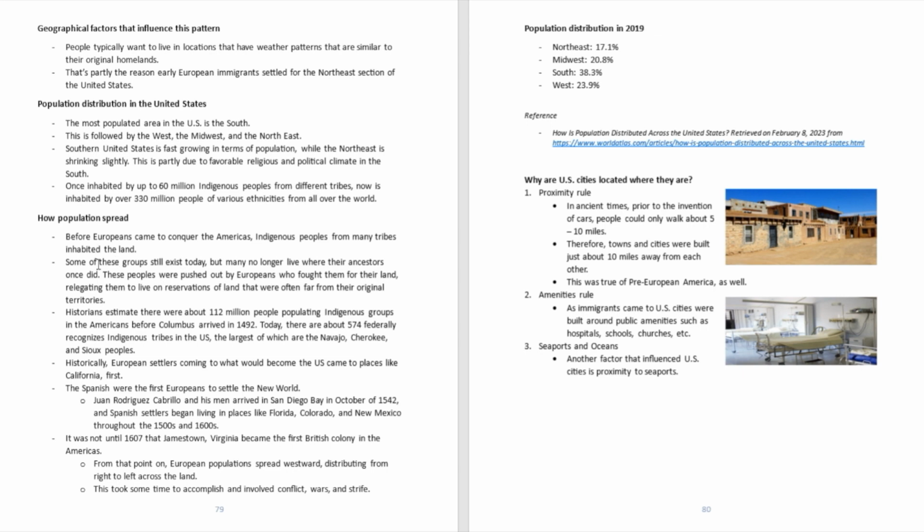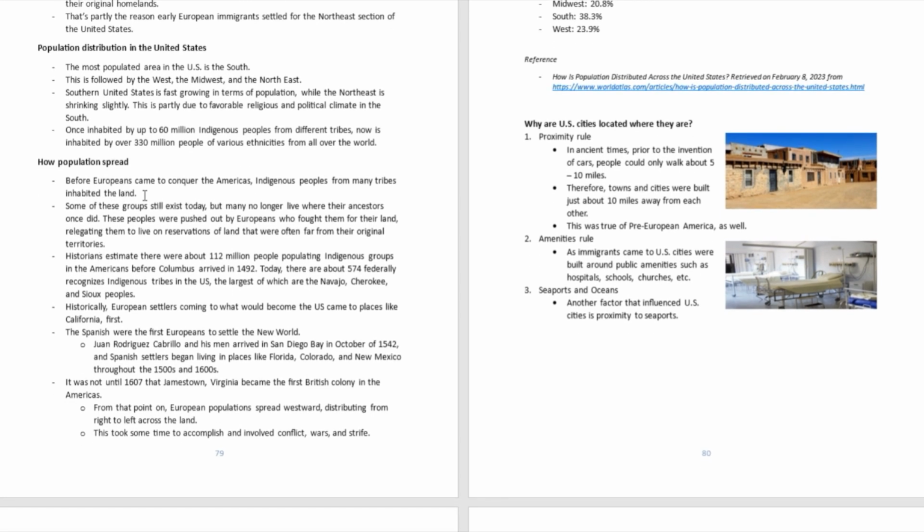Okay, so how did the population spread? Before the Europeans came to conquer America, indigenous people from many tribes inhabited the land. Some of these groups still exist today, but many no longer live where their ancestors once did. These people were pushed out by the Europeans, who fought them for their lands and relegated them to live on reservations, often far from their original territories.